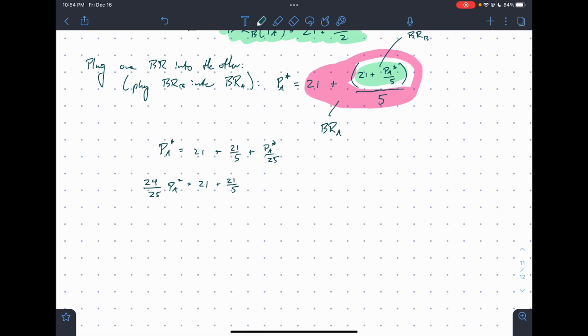So just multiplying this out. What I'm going to do is simplify this right-hand side. So this is going to be 21 times 1 plus 1/5.